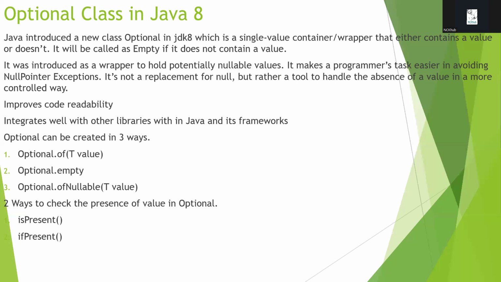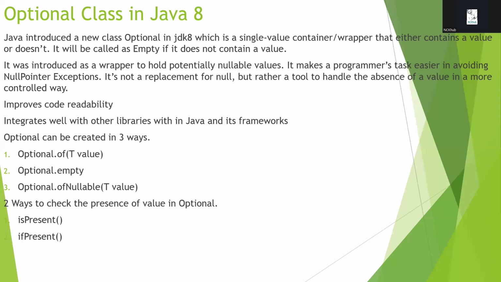And the third one will allow us to have a null value as well. The very first one will not allow us to have a null value; it is non-null. But the third one allows us to provide the input as null also. Whenever we pass null, the JVM will treat that as an empty Optional.